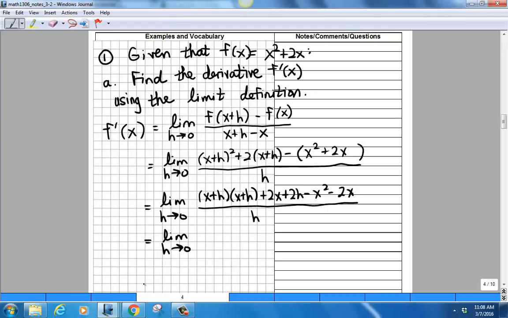So let's see, what's x plus h times x plus h? Well, x times x is x squared, and then you have x times h, so that's hx, and then you have h times x again, so that's hx, and then h times h is h squared. And don't forget you've got the 2x and the 2h, and then you're subtracting off x squared, and then you're subtracting off 2x.